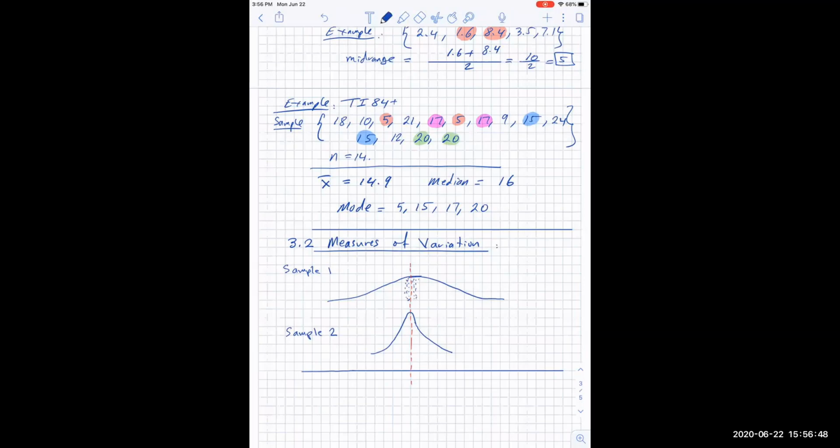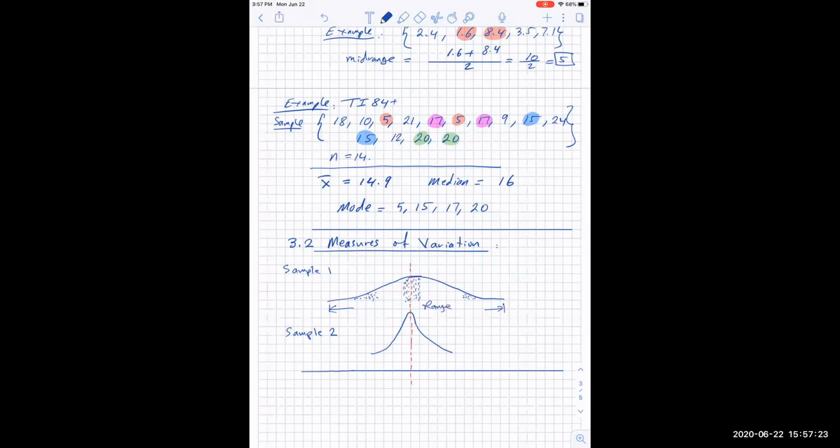A lot of data values in the center in both of them, and then very few data values on the sides. So we have a bell curve that has a range. This is the range of the first sample.